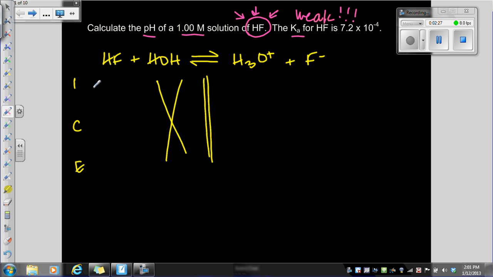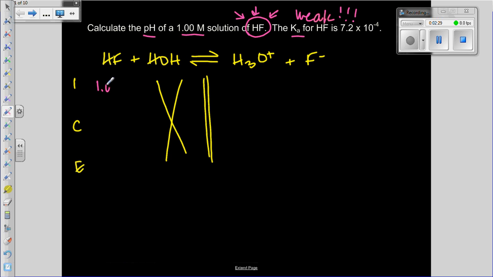It tells us that we have a 1 molar solution of hydrogen fluoride. On this line, we want to have concentrations. Notice that all you have is the weak acid and water, so this is not a stoichiometry problem. This is equilibrium, and we have none of our products initially because this hasn't dissociated yet.